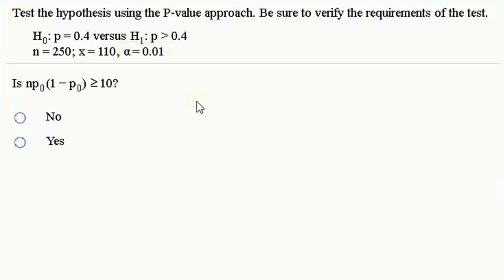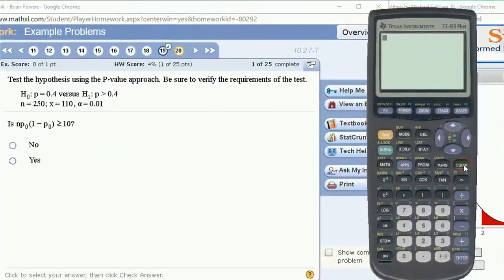If we calculate a p-value, and it's less than the significance level, that means we have sufficient evidence to reject the null hypothesis in favor of this particular alternative hypothesis, that the proportion is greater than 0.4. So we have to do a couple checks to see if we have conditions met for doing a hypothesis test. These are conditions for whether or not the central limit theorem applies. The first check is whether our sample size is big enough.